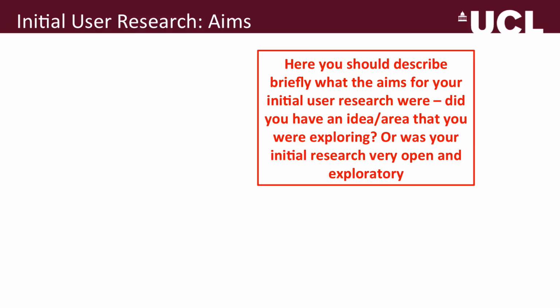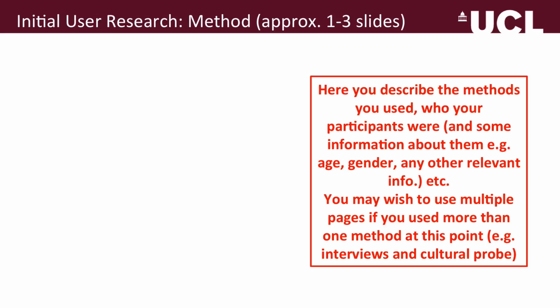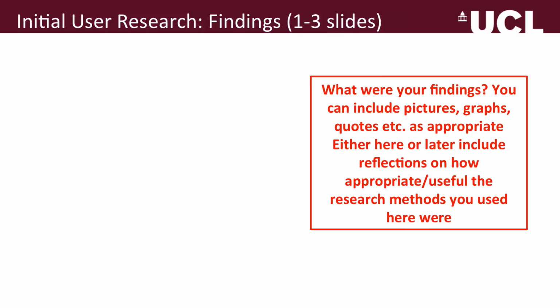So what it was you were trying to find out. The method, how you went about conducting your initial user research, who your participants were, and what techniques you used. For example, interviews. The findings, so having conducted that initial user research, what did you find out?